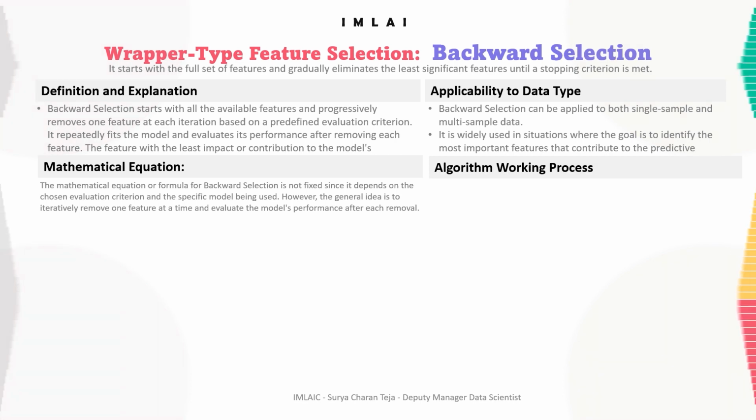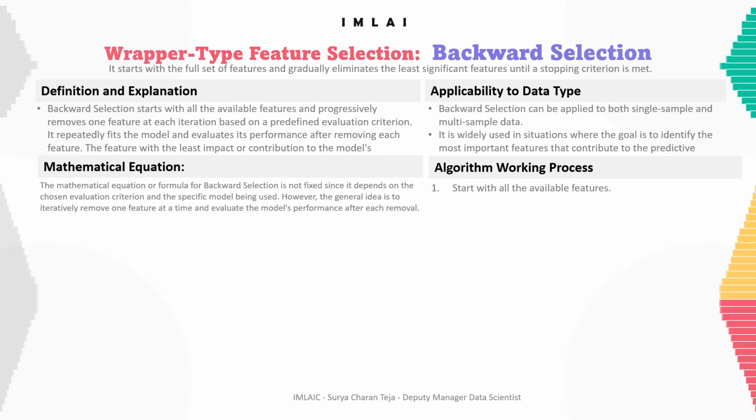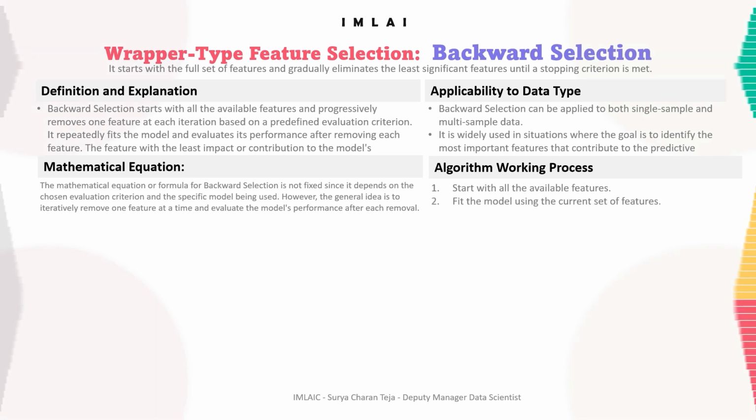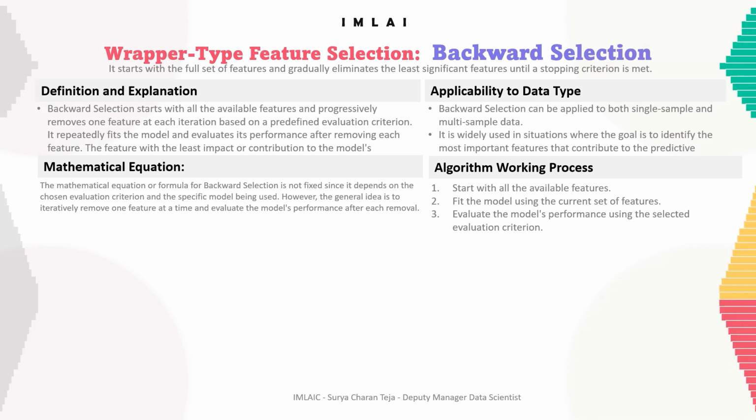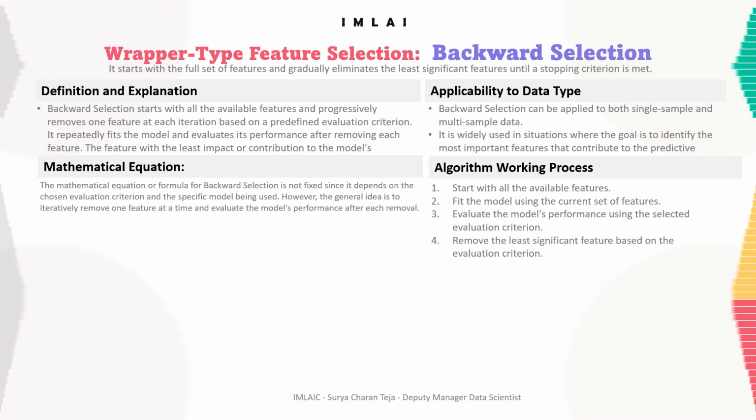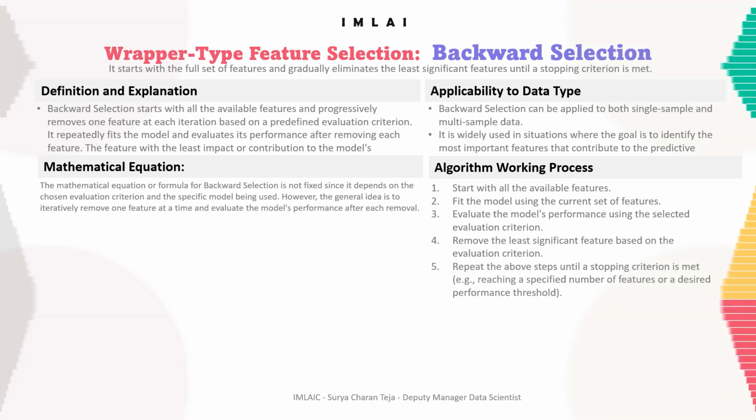Step one: start with all the available features, then fit the model using the current set of features, evaluate the model's performance using the selected evaluation criterion, then remove the least significant feature based on the evaluation criterion, then repeat the above steps until a stopping criterion is met. Example, reaching a specified number of features or a desired performance threshold.